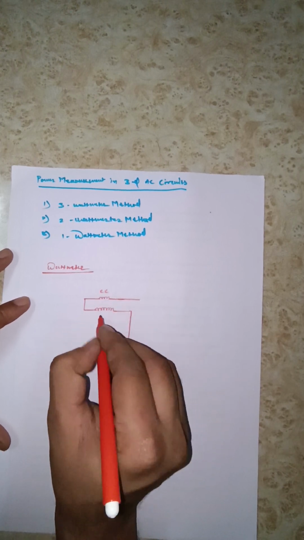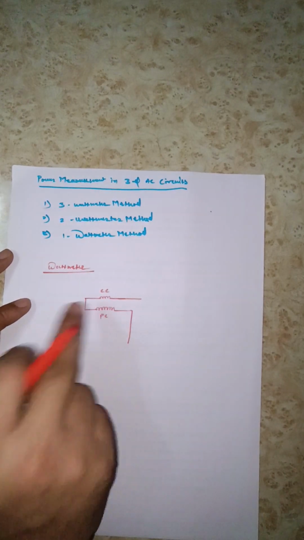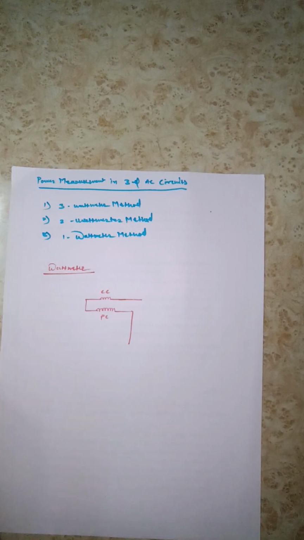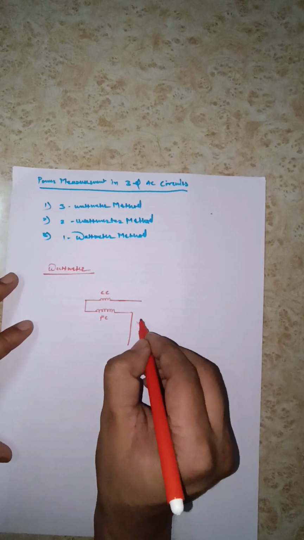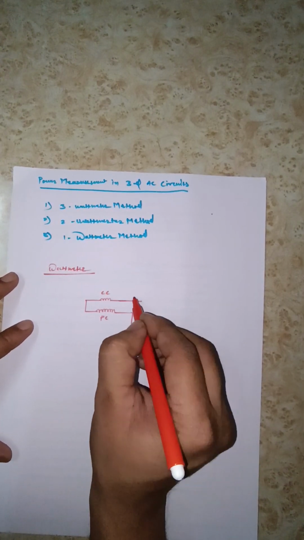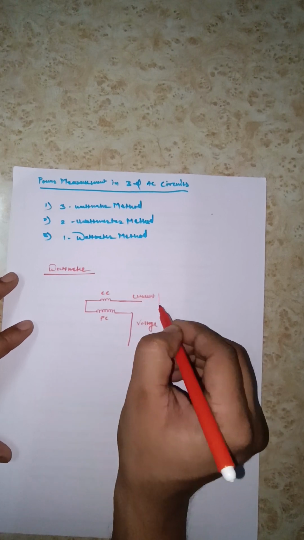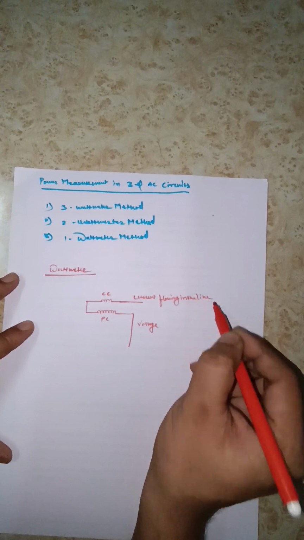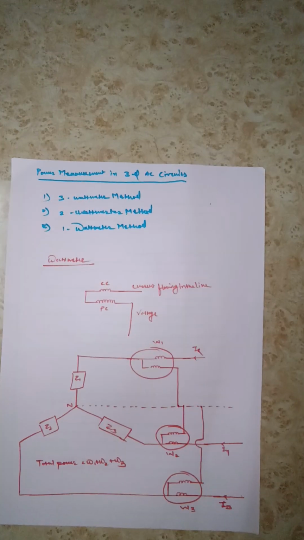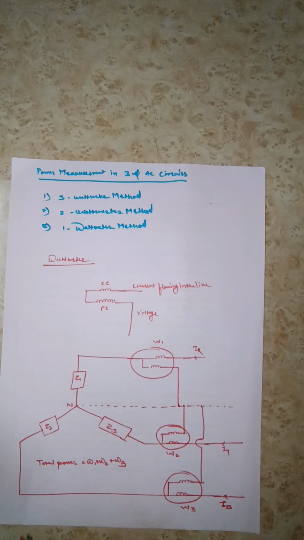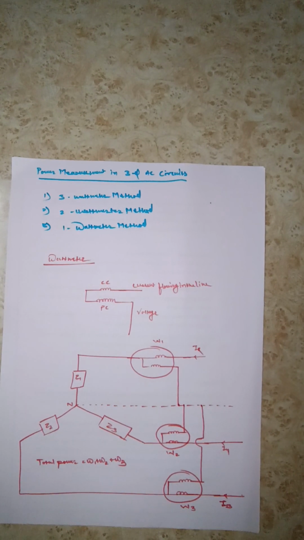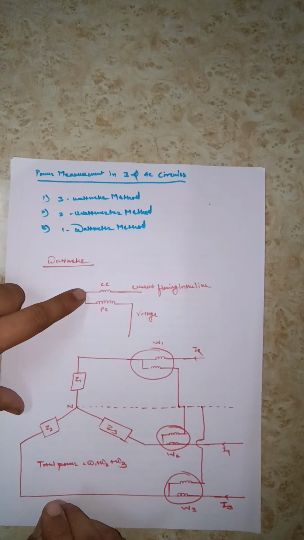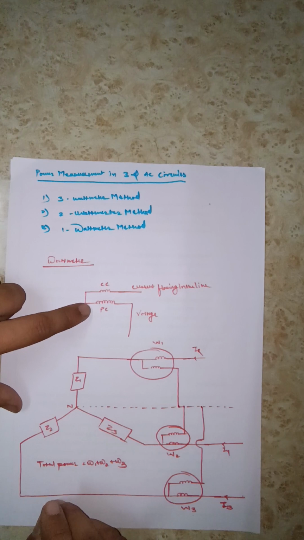The current coil is connected in series with the circuit and the potential coil is connected in parallel, so it will measure the voltage and the current flowing in the line.